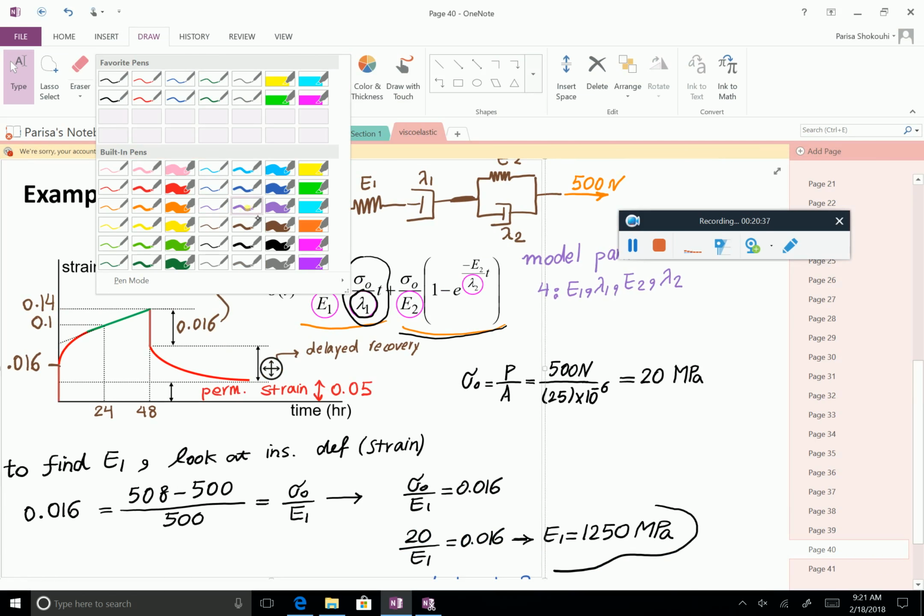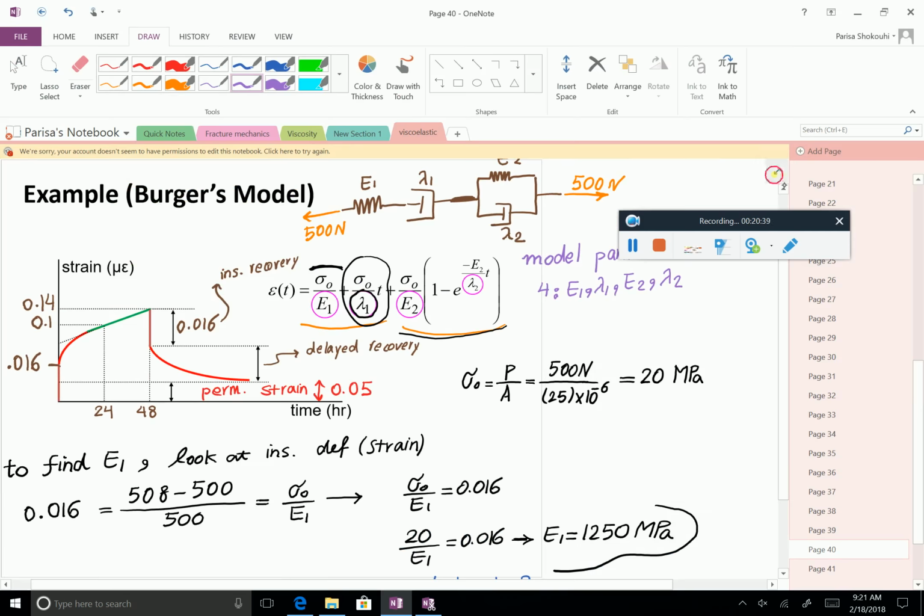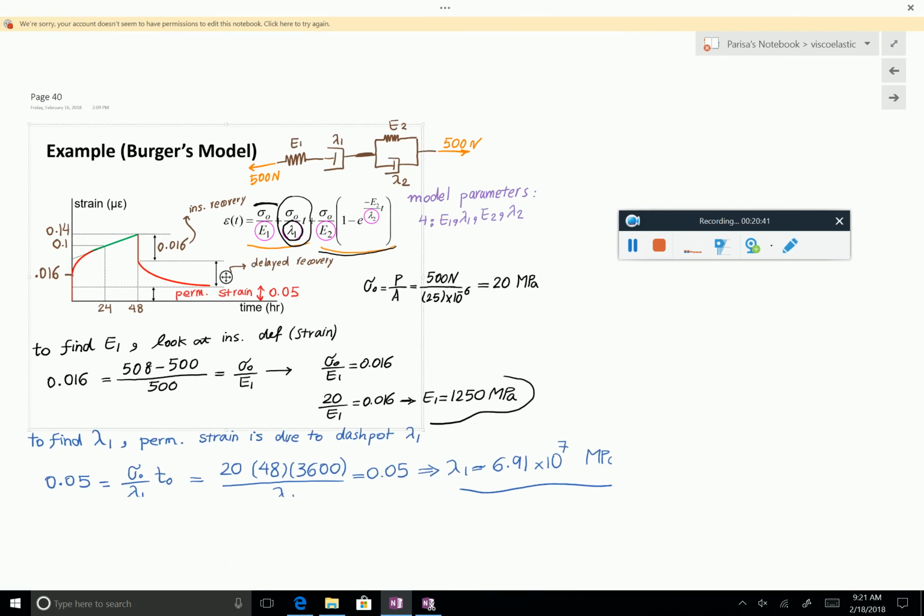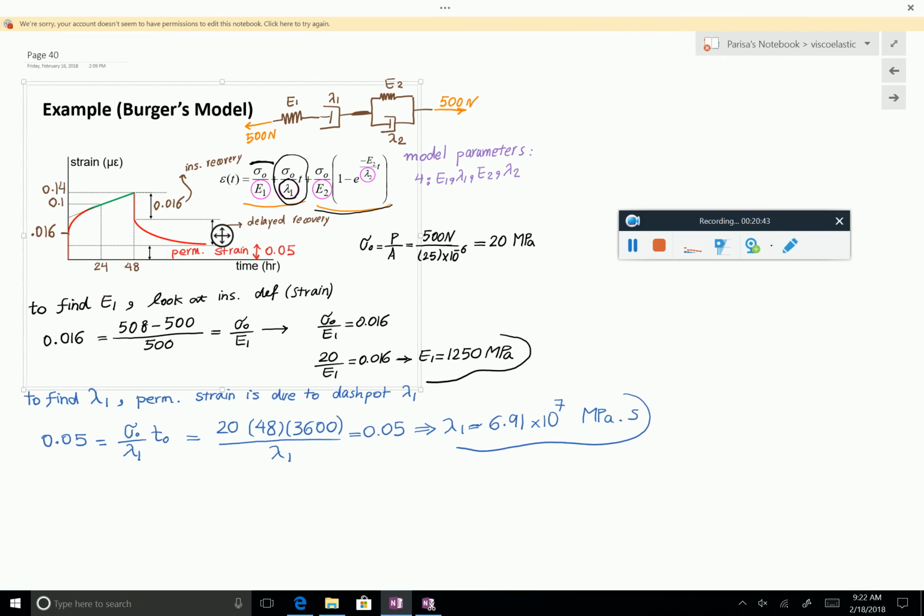In particular, we have to use the information that we have about the strain at 24 hours and after 48 hours. We recognize that the delayed recovery is basically due to the Kelvin model.